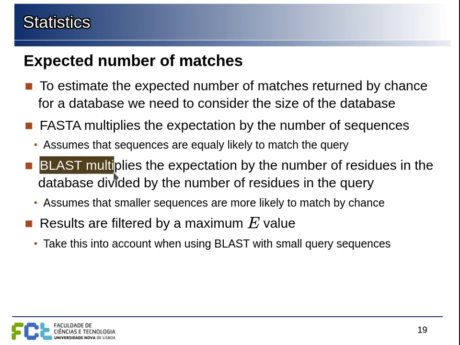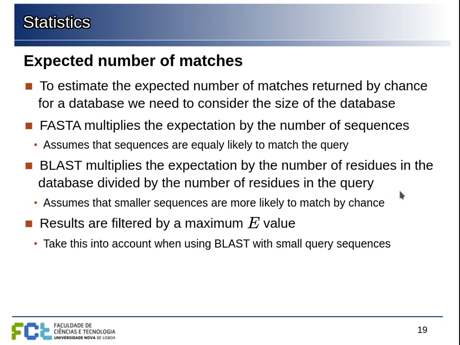In BLAST, this expected number of results that we get by chance is obtained by multiplying by the number of residues in the database and dividing by the number of residues in the query. That is, if we have a smaller sequence in the query, it assumes that we have more chances of matching at random to something in the database, because a large sequence in the database can match ours by chance in different positions.